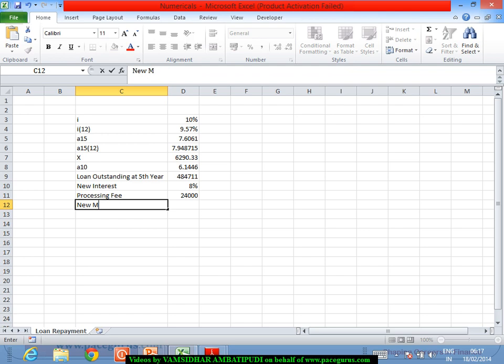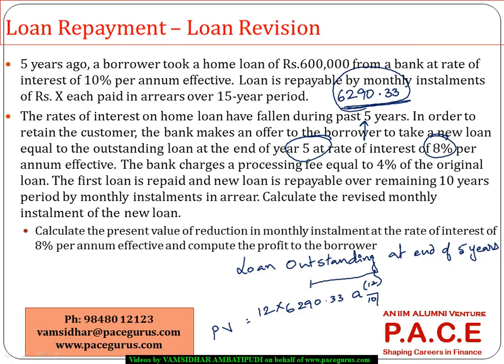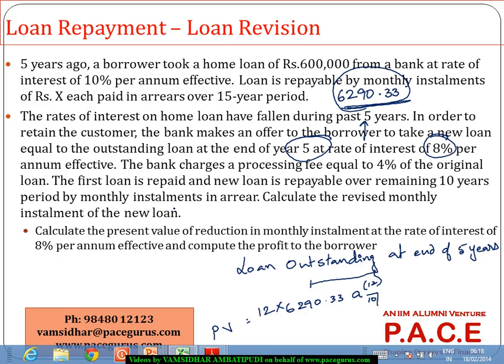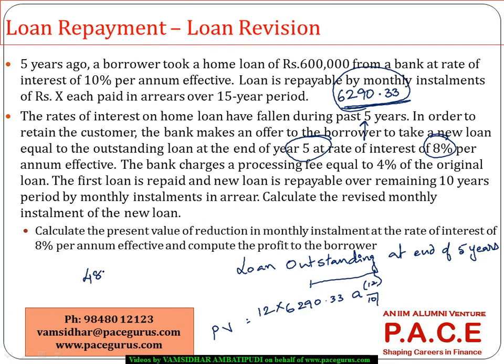So the new monthly installment is based on this loan, right? The new monthly installment is based on this loan. So that 484,711 will be equal to 12 times x multiplied by a10 on a monthly basis at the rate of 8% now.